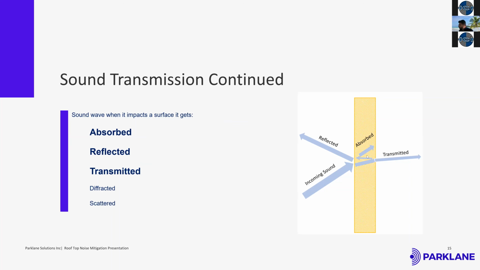Now, more absorption is better because you want the sound to be absorbed rather than bouncing back and forth in and around this space. Diffraction and scattering are also other means of transmission. Diffraction is common in the case of an acoustic barrier where the sound typically just goes around the wall, but the amount of that is very minimal, whereas scattering is simply a property of the surface of the wall that it's impacting.